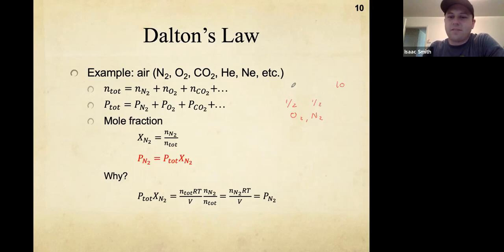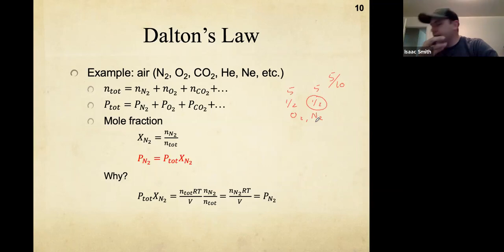Well, we have 5 moles of oxygen and 5 of nitrogen. So the mole fraction of nitrogen would be 5/10, which is 1/2. So half of the total pressure is going to be the pressure for nitrogen in the container. Anyway, hopefully that's pretty intuitive, and if you're interested, the derivation's down here.